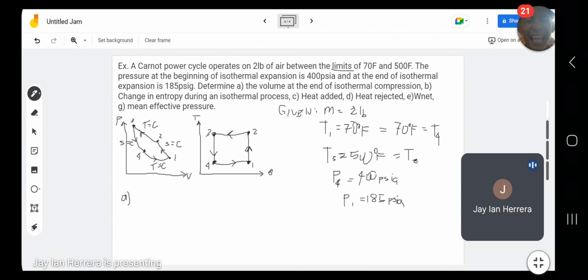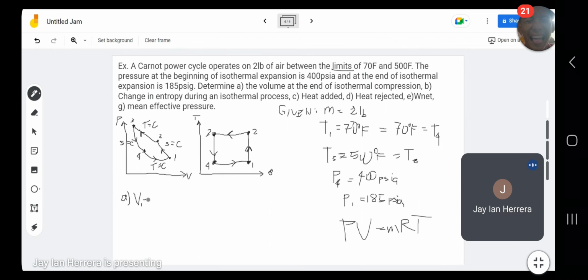Okay, so how do we get that? We get first the volumes of the following points. At point 1, gamitin ulit natin dito yung ating ideal gas, PV = mRT.